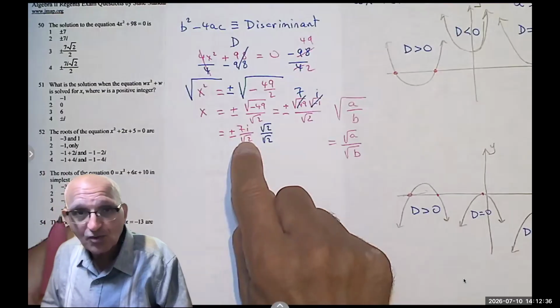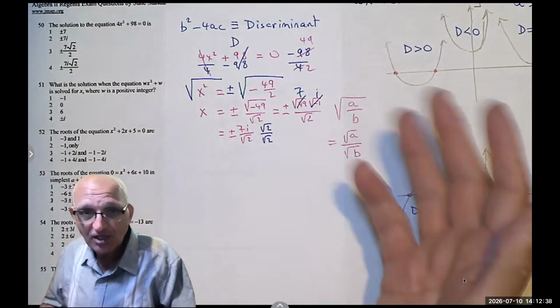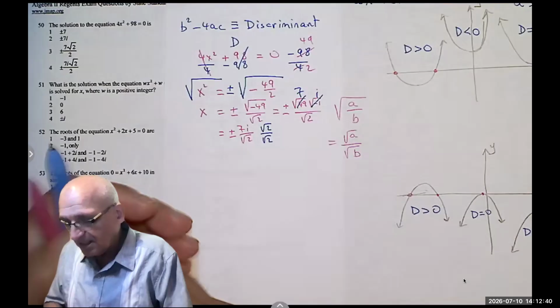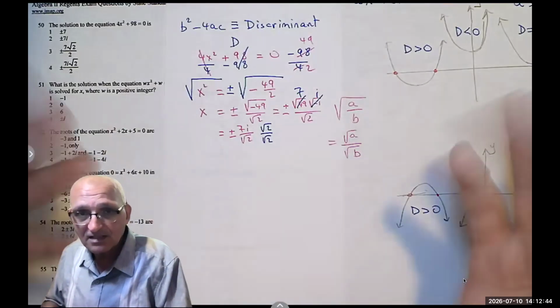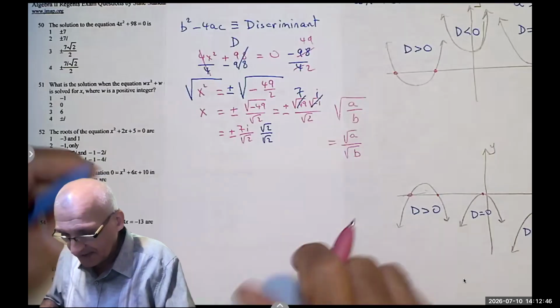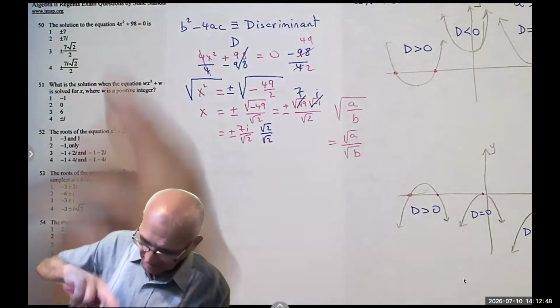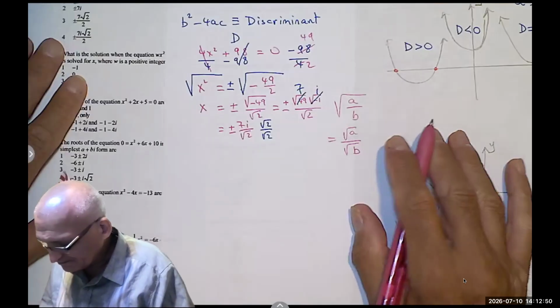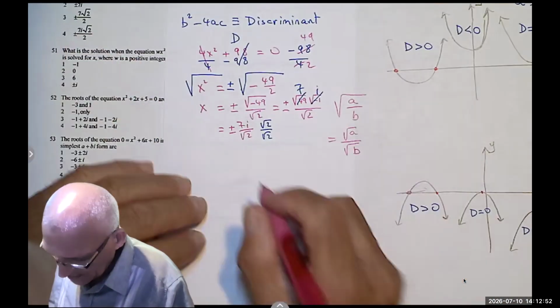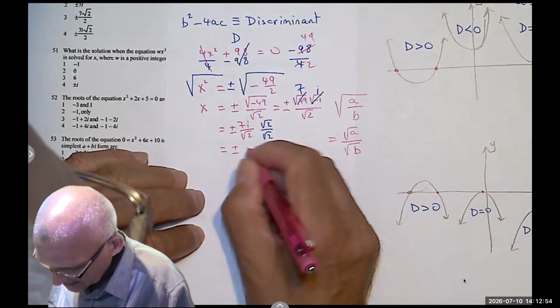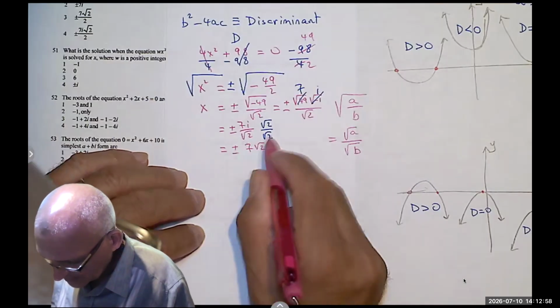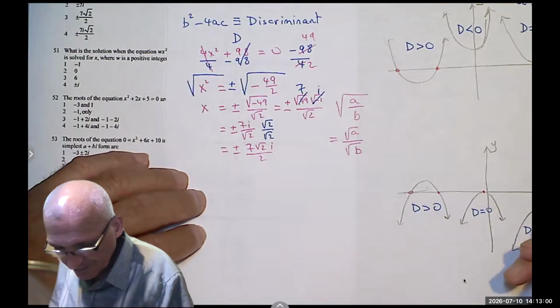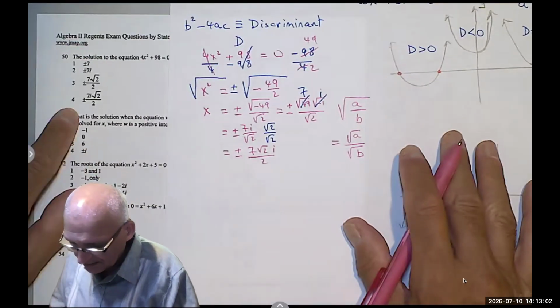If it's just a square root, you multiply it by itself to get rid of it. If it's square root plus or minus a number, you multiply by minus or plus that number. Okay? So you get plus or minus 7 root 2 i. Root 2 times root 2 is 2. And that is number 4.